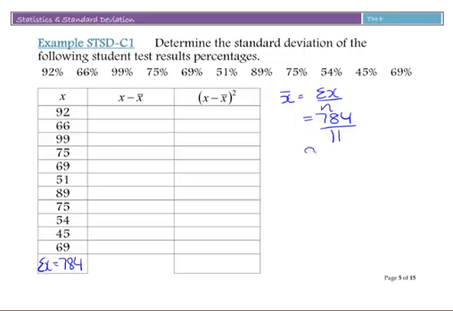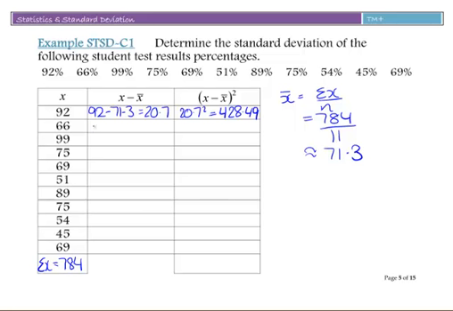So divided by 11 and you get approximately 71.3. Then we come back to our table and we have 92 minus 71.3, which gives 20.7. Square it straight away, because then it's already on your calculator, so if you're not getting an exact result, you can just square straight on your calculator using your previous answer, and you get 428.49.